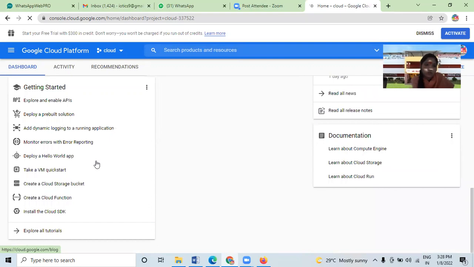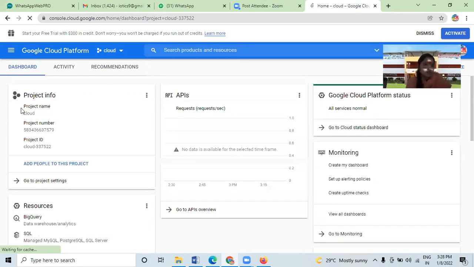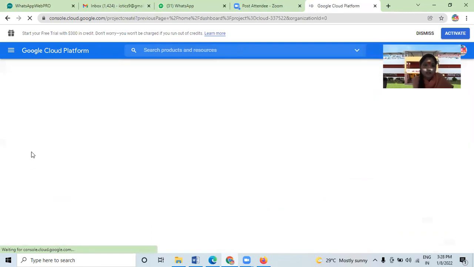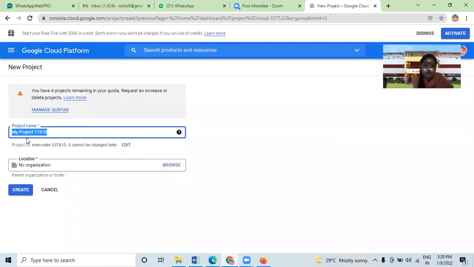Then getting started. Then see here, project name, whatever we give, cloud, then project number and project IDs. Add one more project, then you can give any project name, suppose TYCS CC. Okay, so TYCS CC, I created the project.